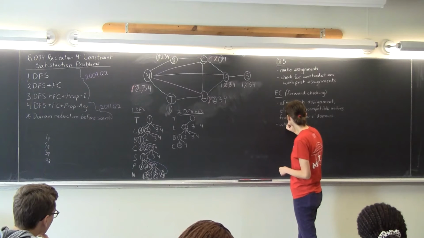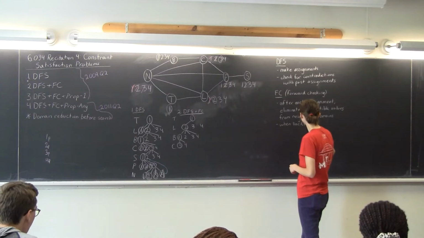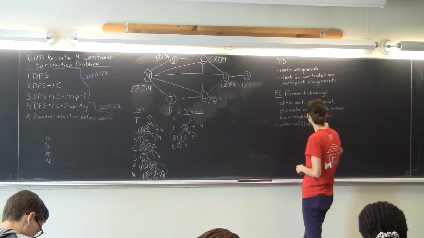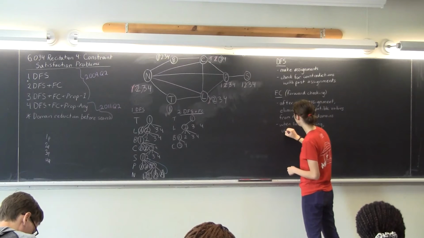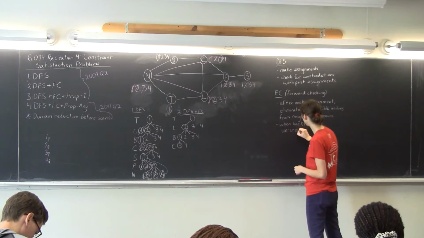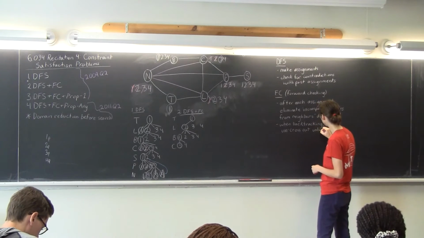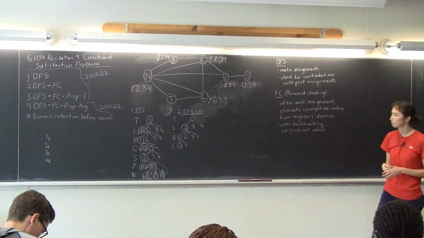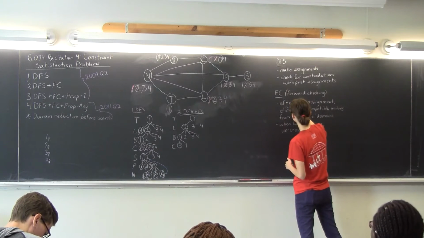So when backtracking, we'll uncross out values. And here, eliminating is the same thing as crossing out.